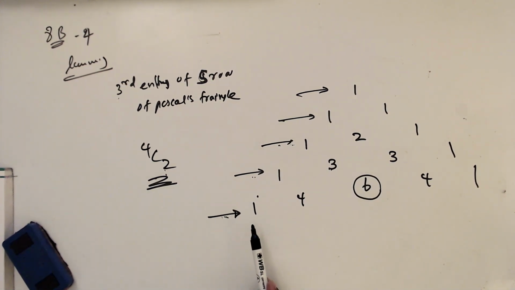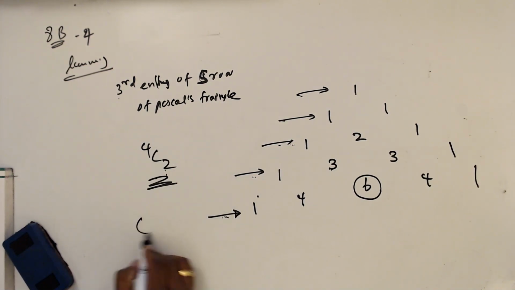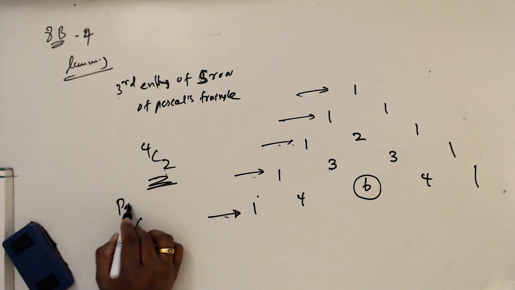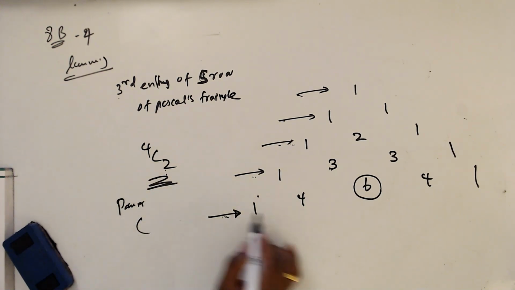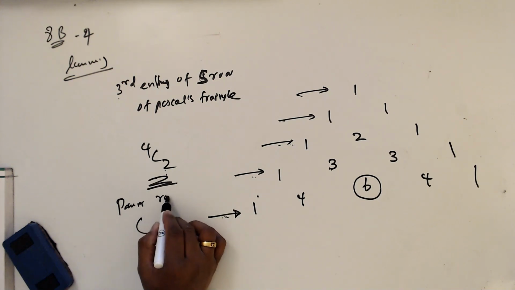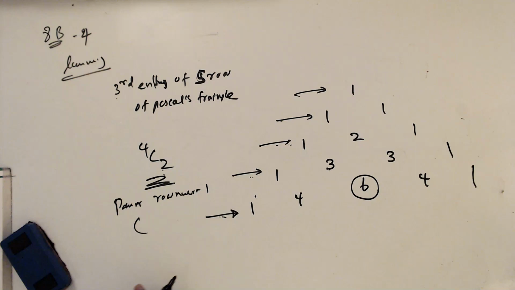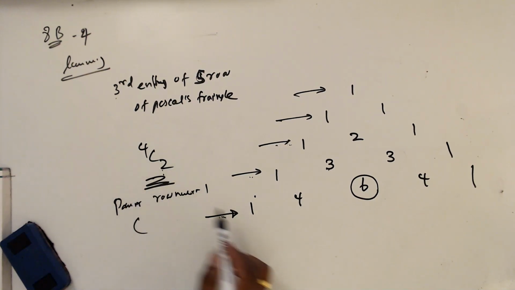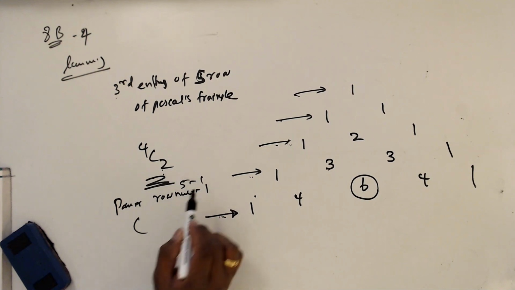Always the power is row number minus 1. That's why for the fifth row, 5 minus 1 is 4.